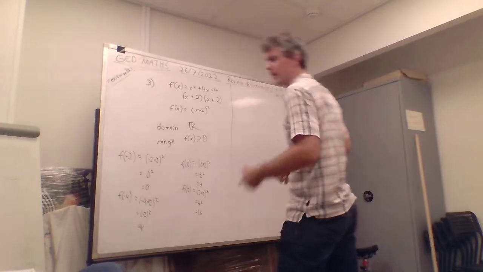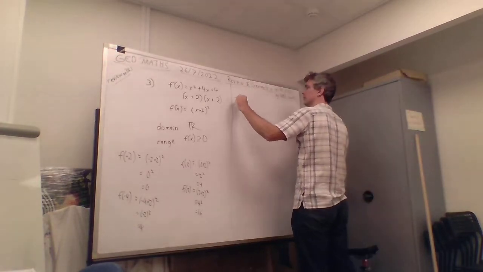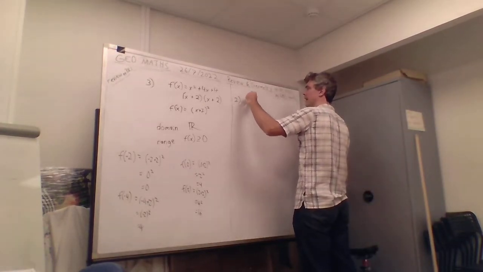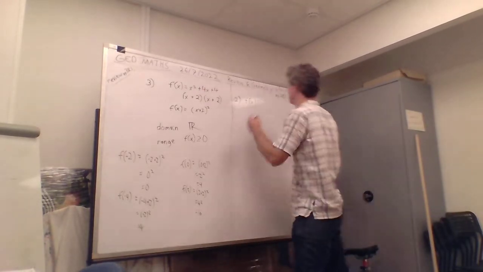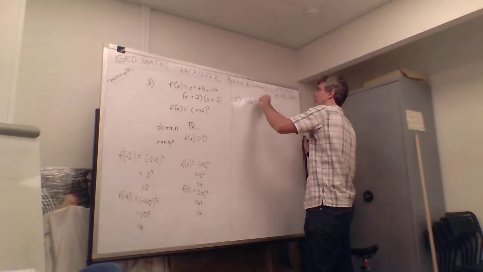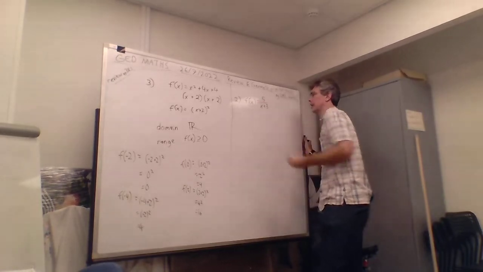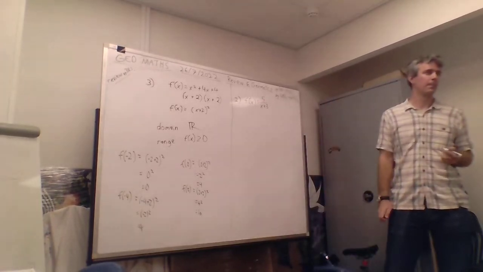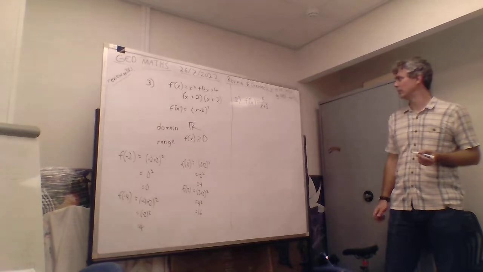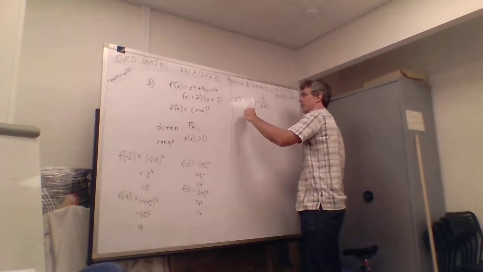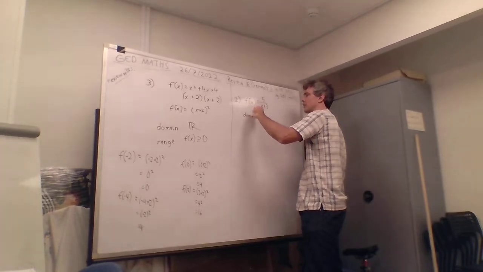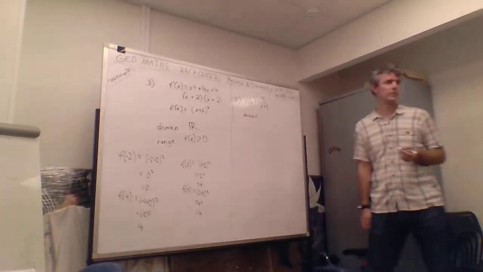Let's try the second one, number 2. We have f of x equals 5 over x plus 3. So our domain: is there any value of x where we run into problems?